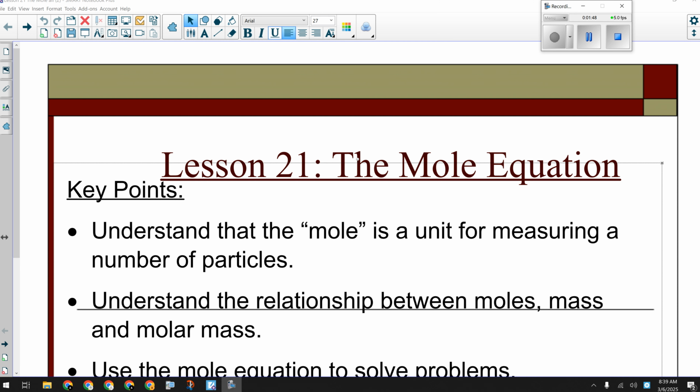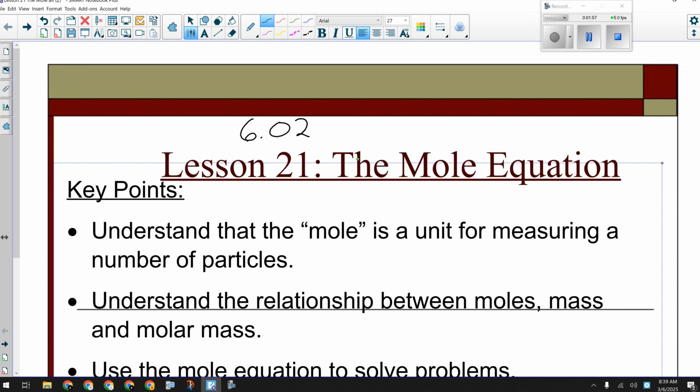A mole always means this many: 6.02 times 10 to the 23. That's a big number, by the way. Huge. It's 602 with another 21 zeros behind it. So it's a huge, unfathomably large number.